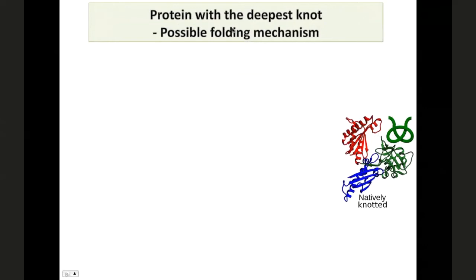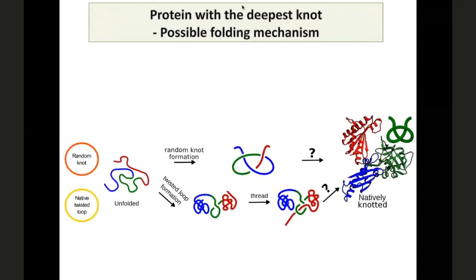So the fundamental question is how this protein with a very, very deep knot can fold. There are at least two possibilities. We can have the random knotting mechanism that we would expect from polymer physics, or we can have the native twisted loop mechanism that I suggested before, where we have a twisted loop, and one of the termini of the protein is threaded in the slipknot conformation across this loop.